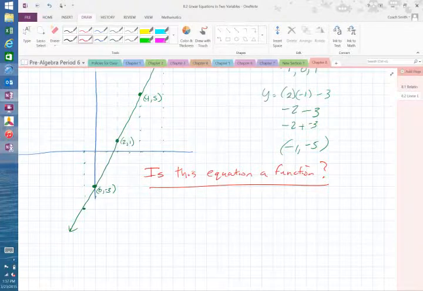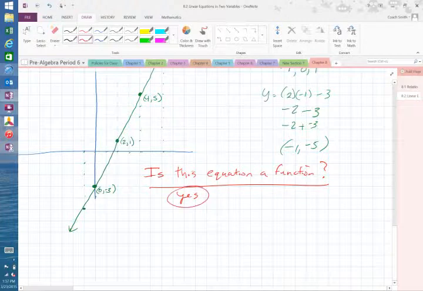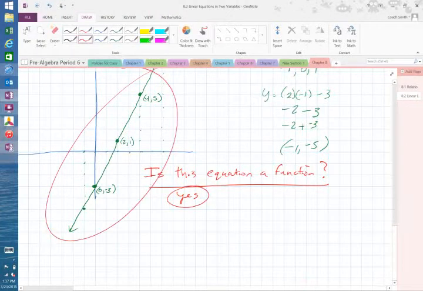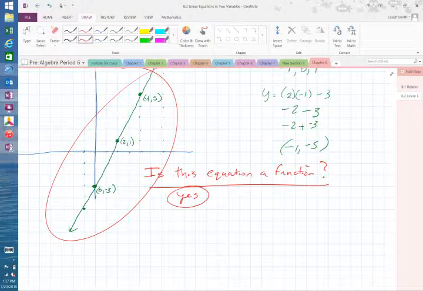Well, is that line vertical? Does it go straight up and down? No. So yes, this is a function. So this and that are both the answer to that problem. Okay? Once again, I could have picked any of the numbers I wanted to start the problem.